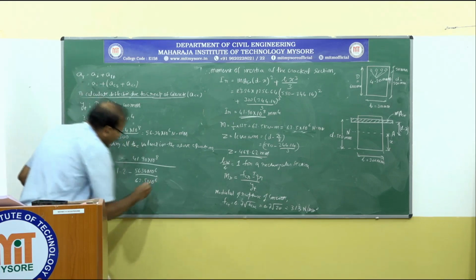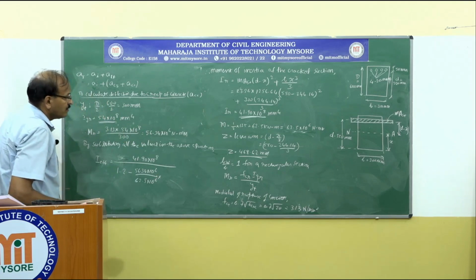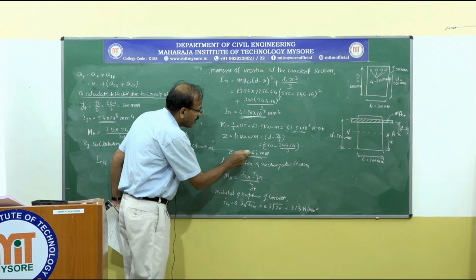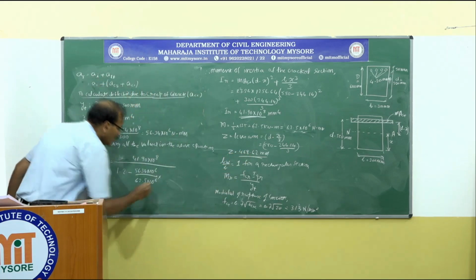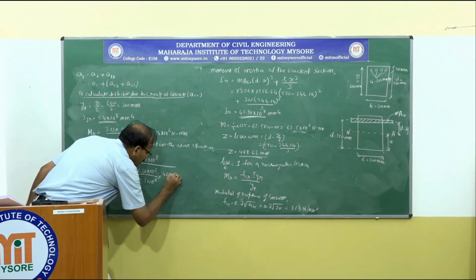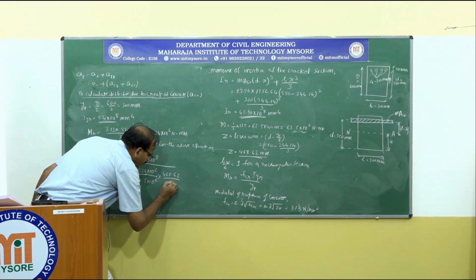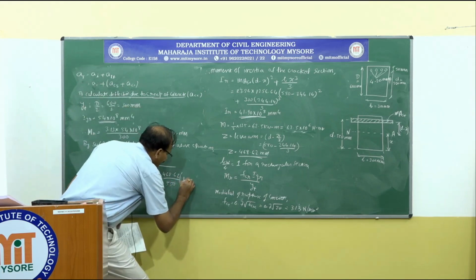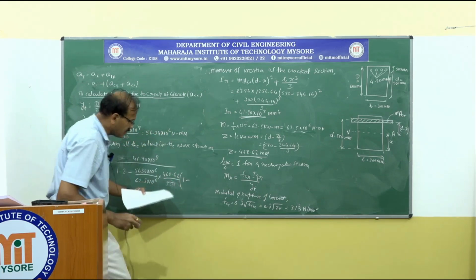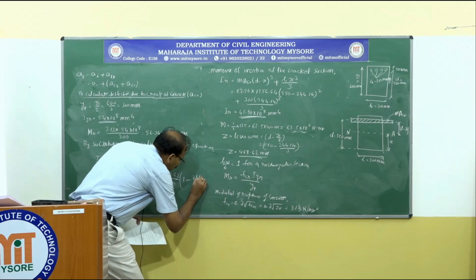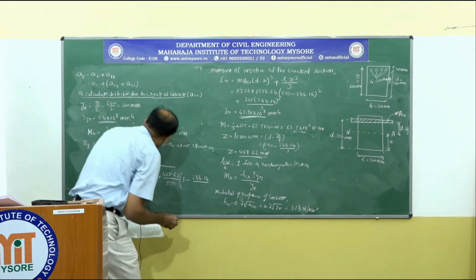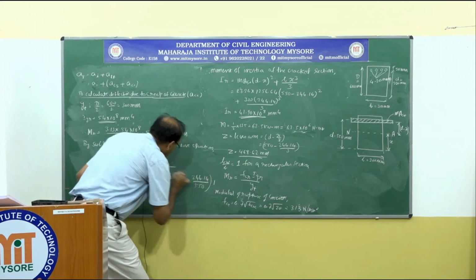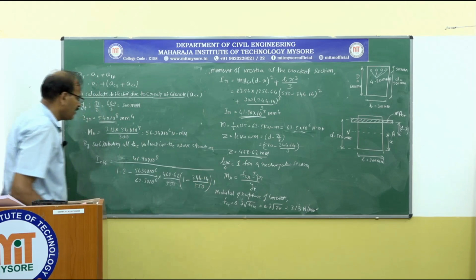Then z divided by d, where z is this value, around 468.62. 468.62 divided by 550, the effective depth, then 1 minus x, where the x value is 244.14, divided by d, the effective depth, and bw by b equal to 1.